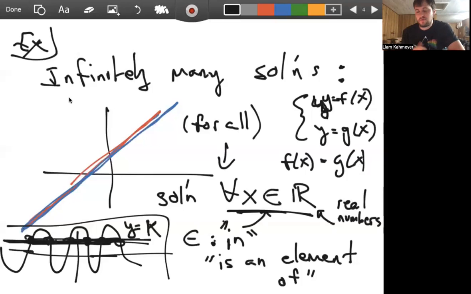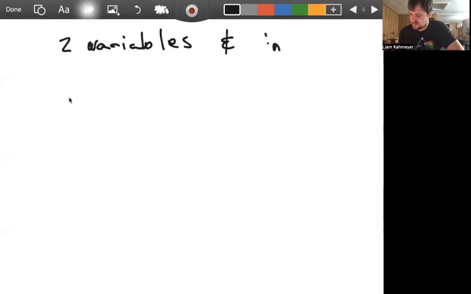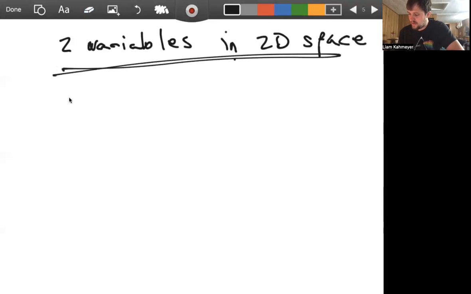These are examples. Again, these examples we've explored are two variables in 2D space. Well, we need not be so restrictive in what kind of systems of equations we're looking at.